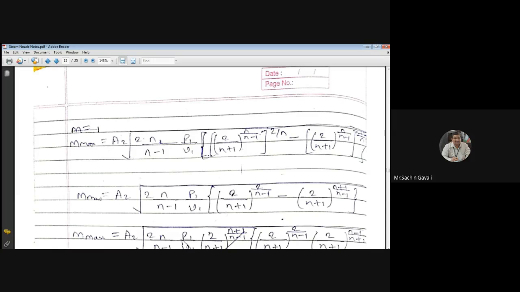These values are quite big. In the bracket, now P2 upon P1 value we have to put: 2 upon n plus 1 raised to n upon n minus 1, raised to 2 upon n, minus P2 upon P1 value again, 2 upon n plus 1 raised to n upon n minus 1, raised to n plus 1 divided by n. Curly bracket complete.